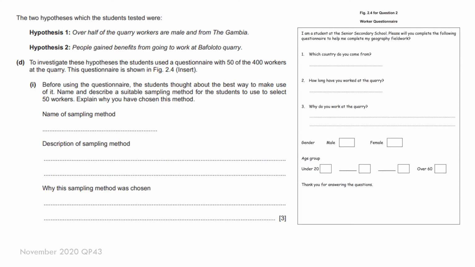Other questions might be asking you to, as you can see here, identify, name and describe a suitable sampling method that they could use to select their sample, in this case 50 workers. When it comes to these types of questions, I think it's really important to focus generally on systematic versus random. I think stratified is too hard to do.